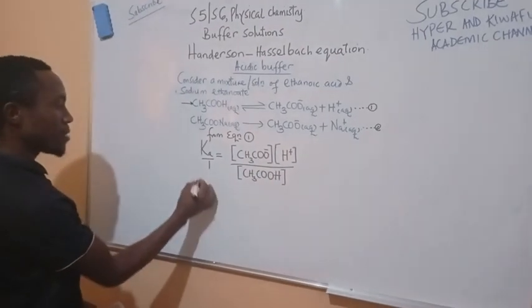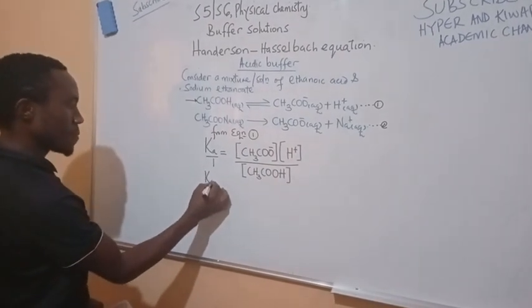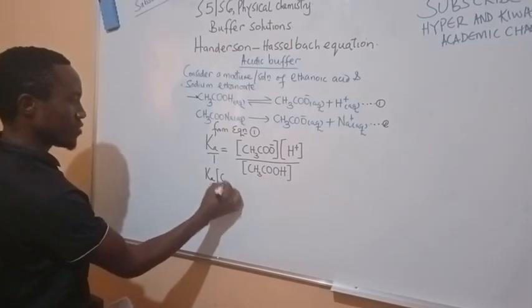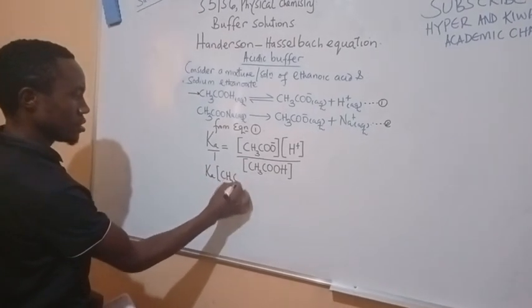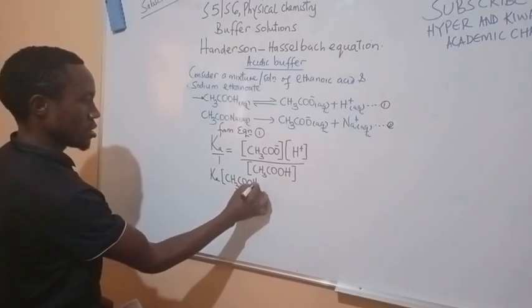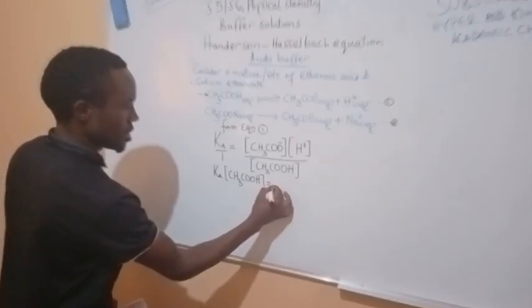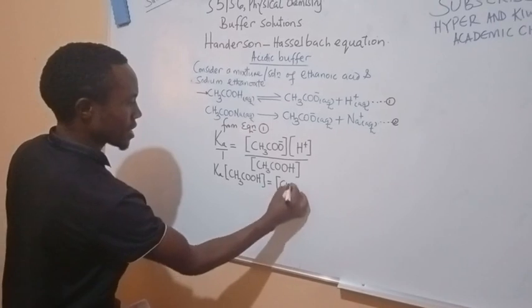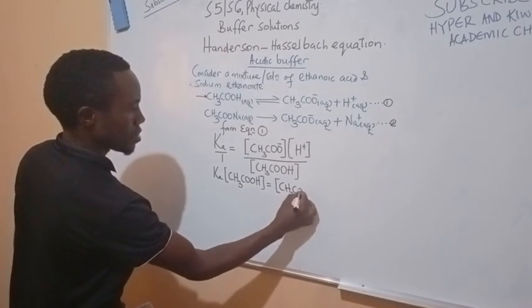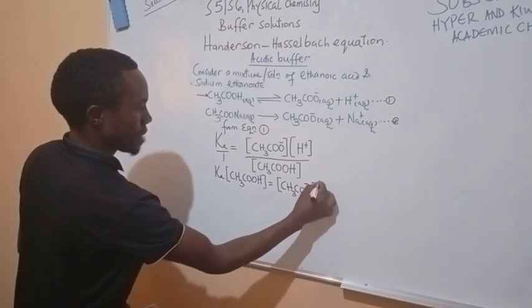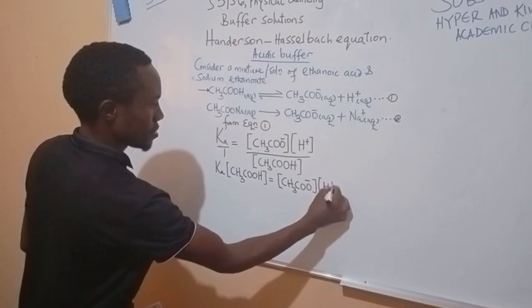When you cross multiply, you are going to have your Ka times the concentration of ethanoic acid equals the concentration of ethanoate ions times the concentration of hydrogen ions.